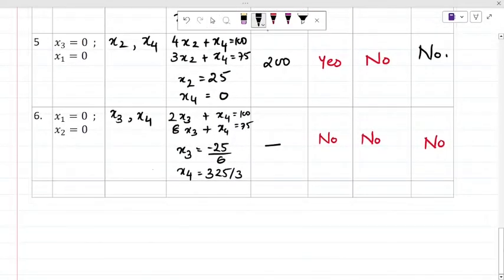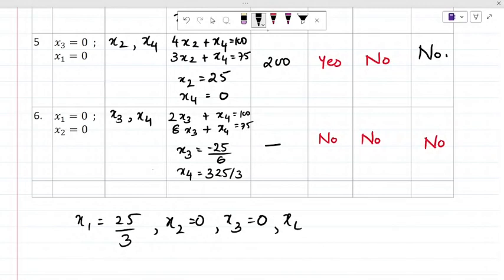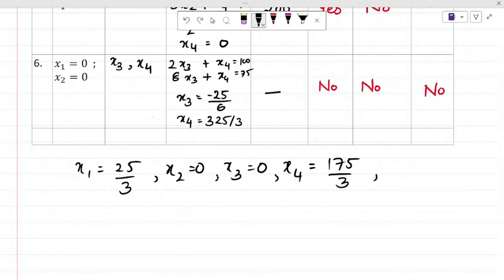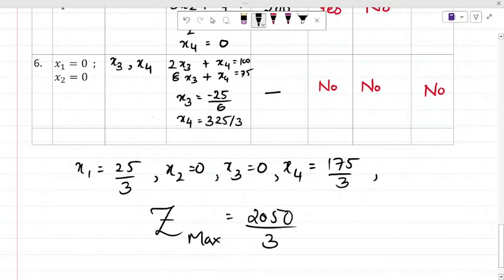So x1 value is 25 by 3, x2 is 0, x3 is 0, and x4 is 175 by 3, and the maximum value, or we can write in short like this, Z max. Z max over here is 2050 divided by 3. Okay, this is the value of Z, which is maximum.